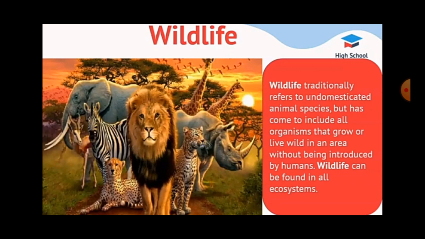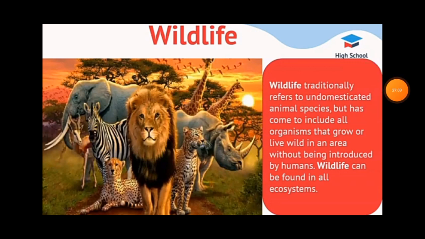Hunting, deforestation and other interferences in the natural habitat have caused the extinction of some species, and many are facing the danger of extinction. Nowadays, the variety of wildlife is decreasing.